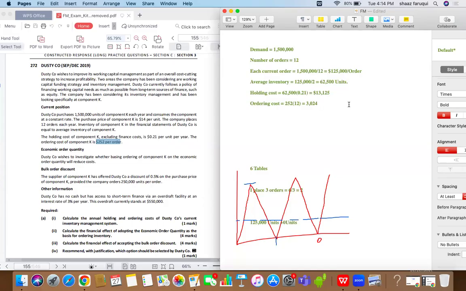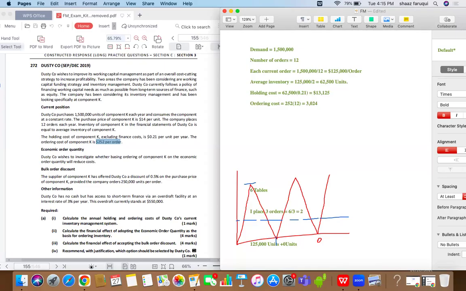If we are to move on, think about it: for the entire inventory, the inventory cost will be the holding cost plus the ordering cost. So the cost will be how much? 13,125 is the holding cost.